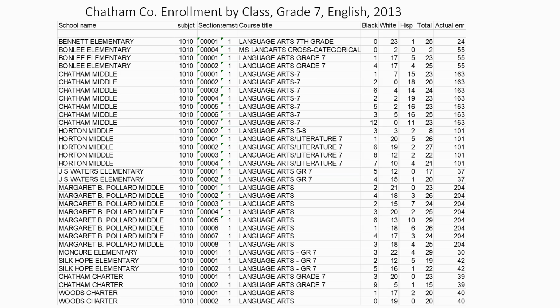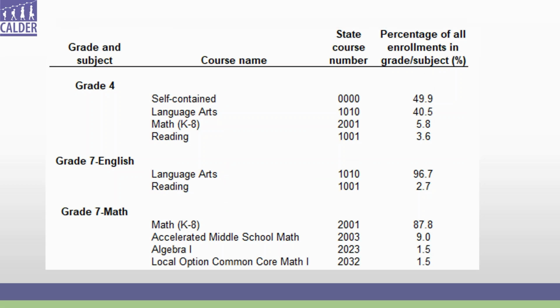We look at 4th grade, 7th grade English and math, and 10th grade English and math. Here's an example. If you look at the first 3 lines, this is what we ended up finding for the 4th grade in North Carolina. About half of the 4th grades had something called self-contained classrooms, but the other half didn't organize their schools that way. So we had to have a system that allowed us to be flexible in that way.